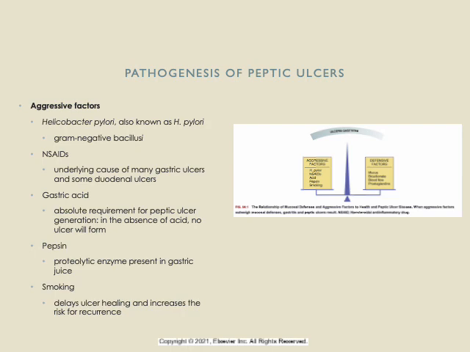Now, gastric acid we need for peptic ulcer generation. In the absence of acid, you can't form an ulcer. So there is a direct link from our gastric acid to ulcer production. It injures the cells of your GI mucosa indirectly because it activates pepsin, which is a proteolytic enzyme.